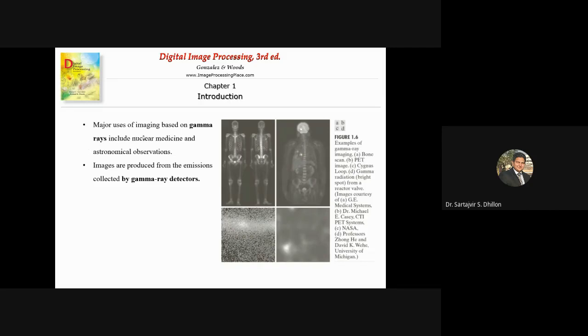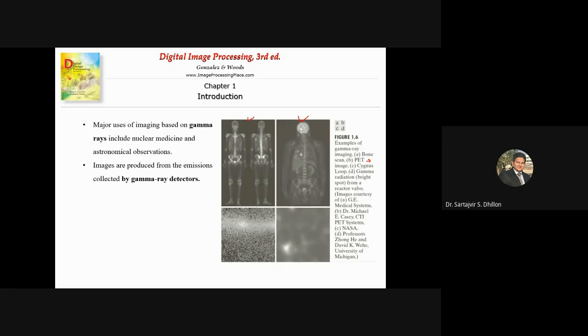Now, the major use of imaging based on gamma rays includes nuclear medicine and space observations, that is, astronomical observation, and these images are generated with the help of a gamma ray detector. Here you can see the first two figures, figure A and figure B. These are medical images, a PET scan image.